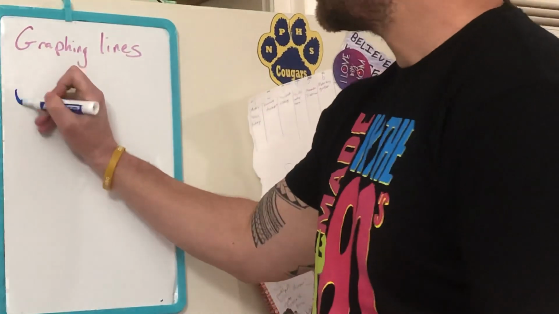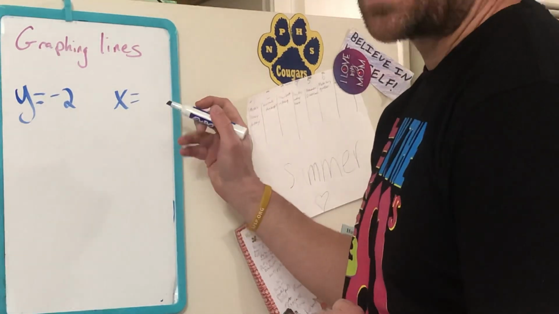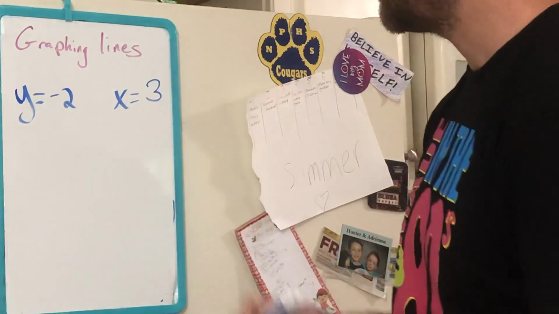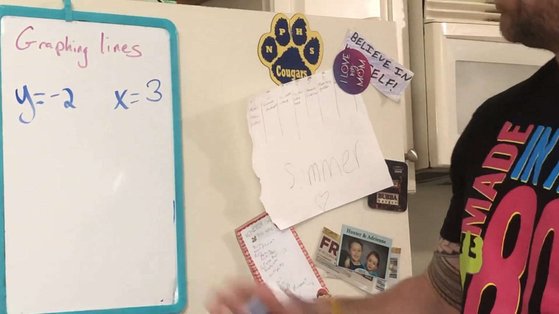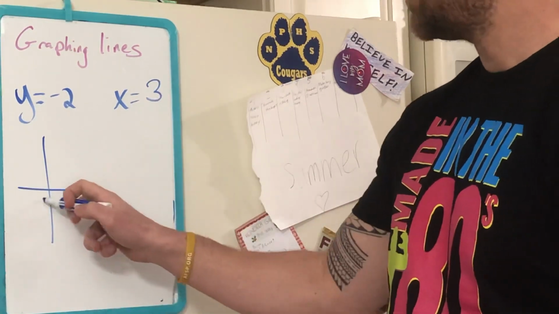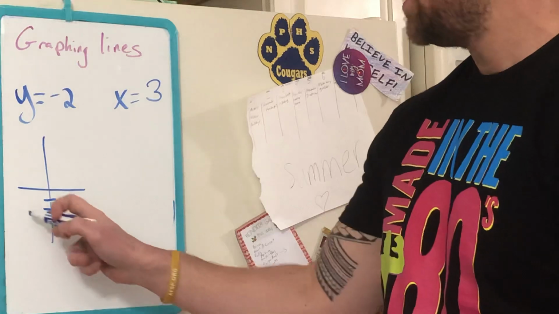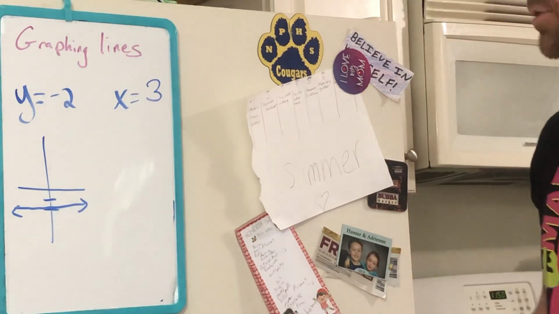Okay, first I want to go over when we just have y equals a number or when x equals a number. When it's just y equals a number and there's no x, that means we just go down 2 and it's a horizontal line at -2.